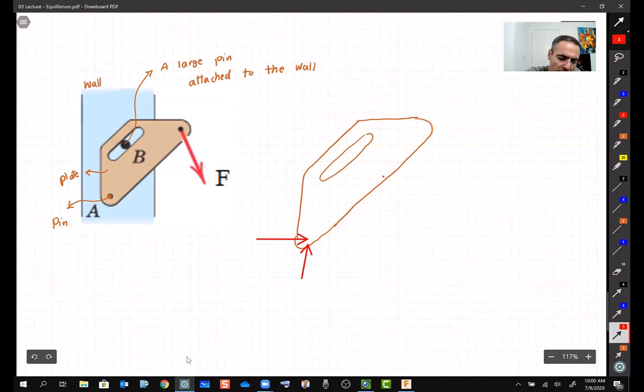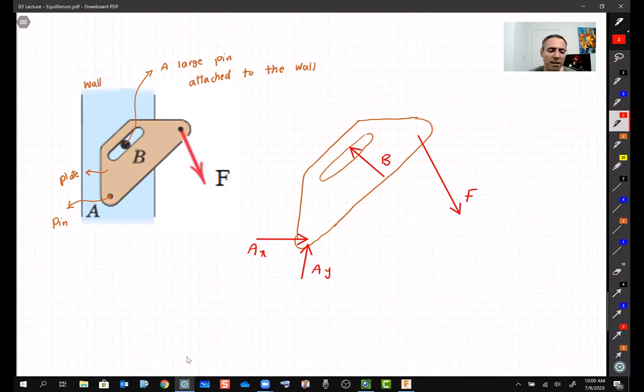So it's going to be one over here, and then we have the external load F, B, AX, and AY. So this is the free body diagram for this one. And I would say this one is the most difficult one, which as you can see is not really that difficult.